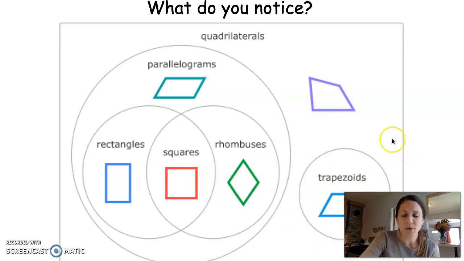So we will look at each of these types of quadrilaterals in the next slides, and you'll see that some types of quadrilaterals have some characteristics that are the same, but then sometimes some that are different. So it might be true that one of these actually can be called other names too.